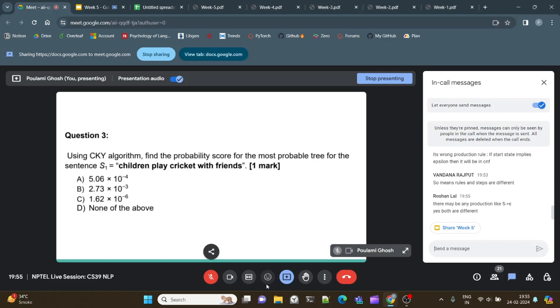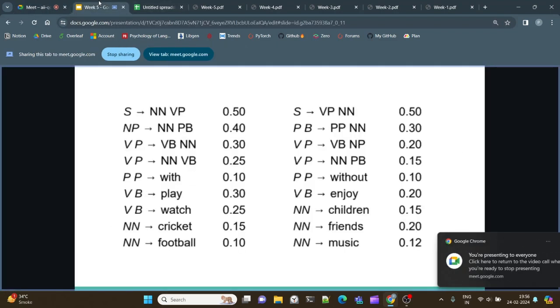We have probability scores given with the rules, and these are the rules that are given.